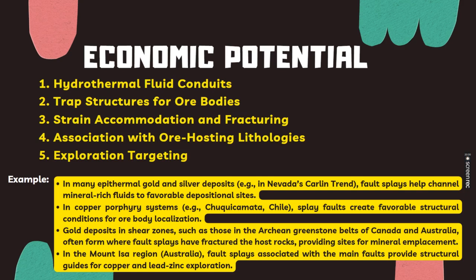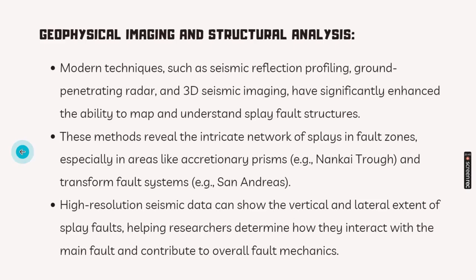Again, in the Mount Isa region, Australia, fault splays associated with the main faults provide structural guides for copper, lead, zinc exploration. So from this you can understand the importance of splay. Okay, so splay deserves more detailed study.